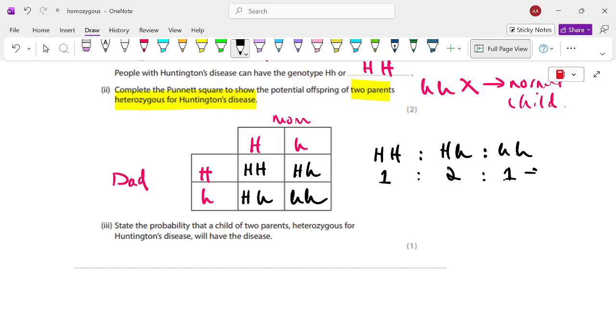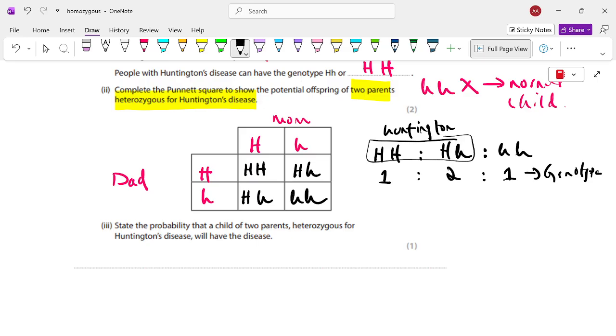So this is our genotype. And we can also say that since both of these mean the kid will have Huntington's disease, because as we said, capital H is dominant, okay?